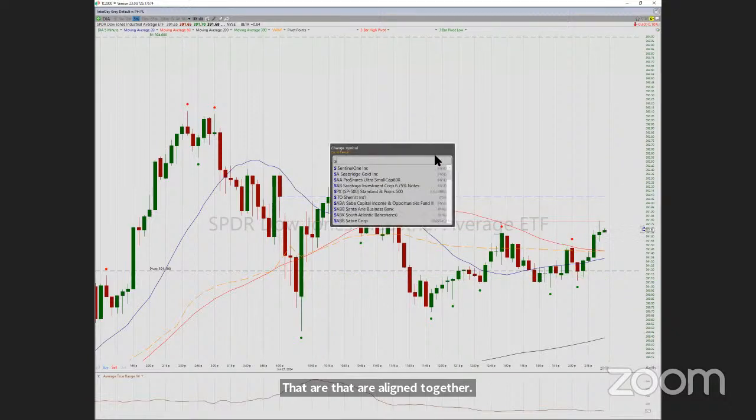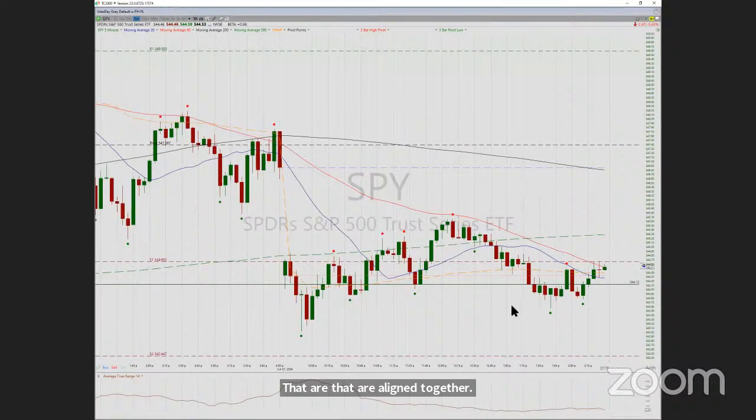I'm just putting SPY on because I predicted a green candle today, and right now it's green. As I was talking, I said they might have some space. The other thing I like to see is this 60 flattening more.